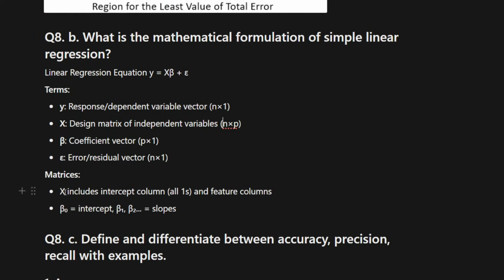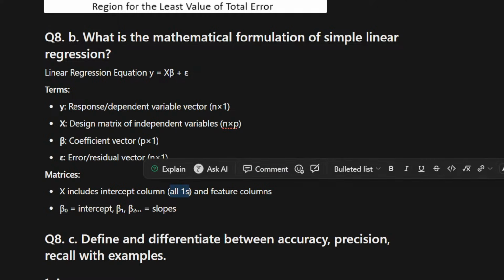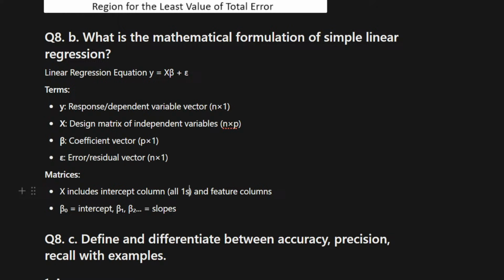So the X matrix includes the intercept column. Make sure that X contains the first column as all ones. In the PPT that was given to you, the first column was 1, all the rows are filled with ones, and then the subsequent columns are the feature columns in your input data set.